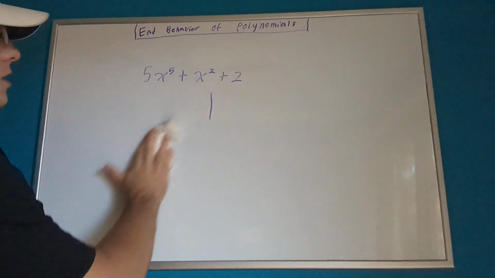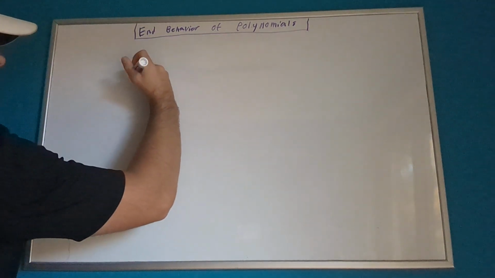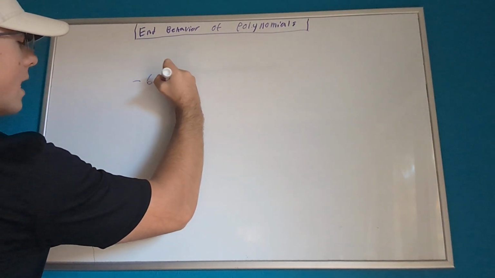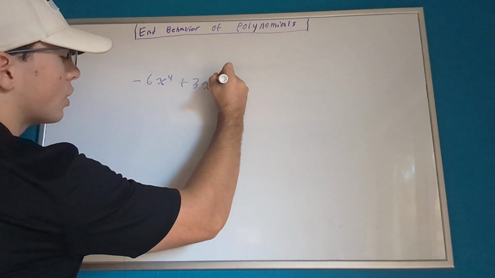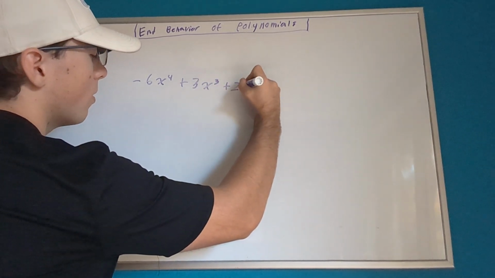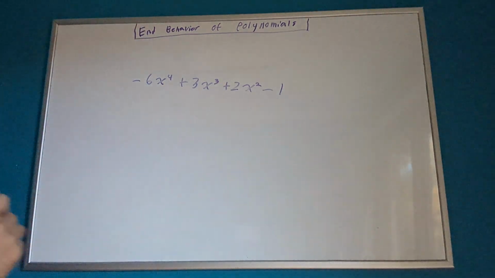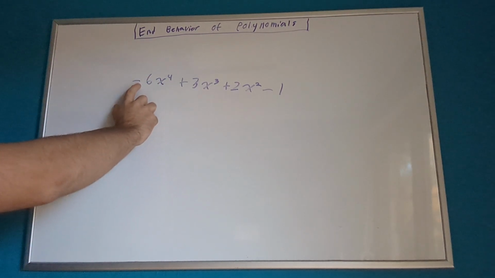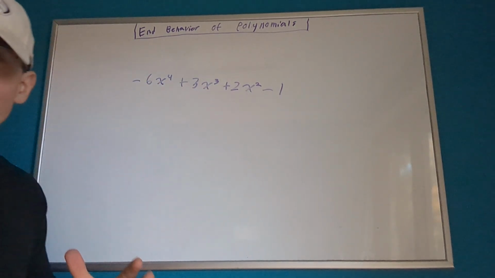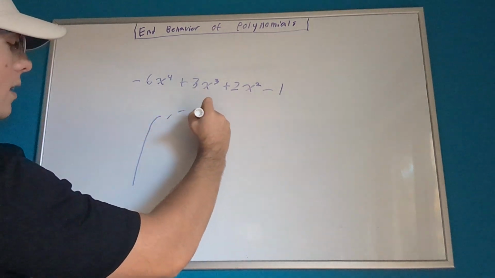Let's get rid of this and do another example. Let's do -6x^4 + 3x^3 + 2x^2 - 1. Let's observe. Our power is even, and our coefficient is negative, which means our graph will look something like this.